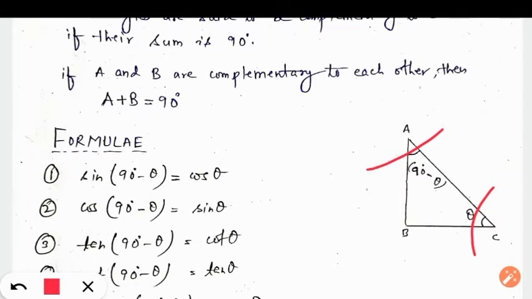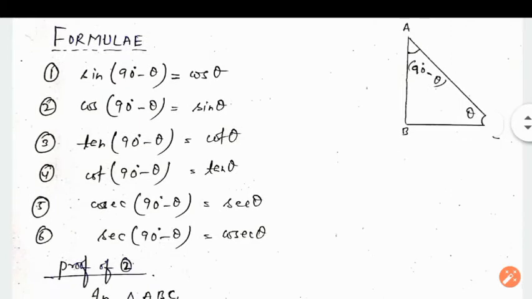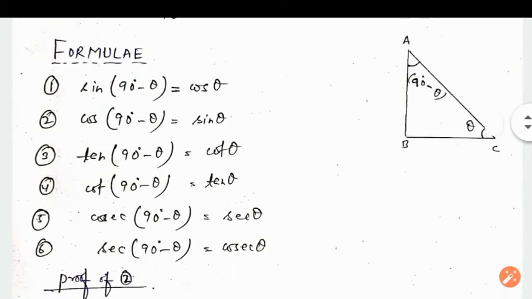Based on complementary angles, we have 6 formulae, and based on these formulae we are going to solve one exercise. The first one is sine of 90 degrees minus theta.